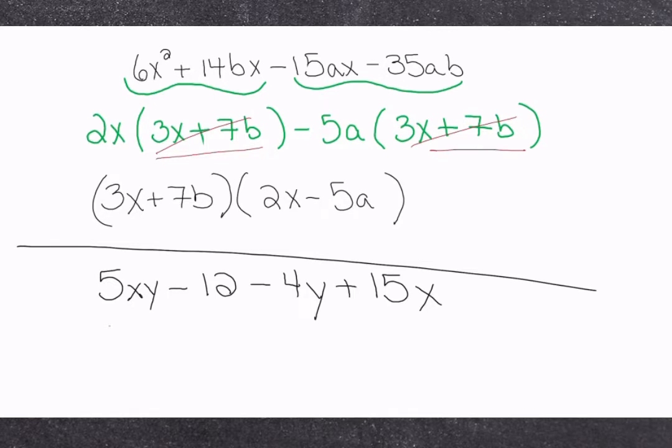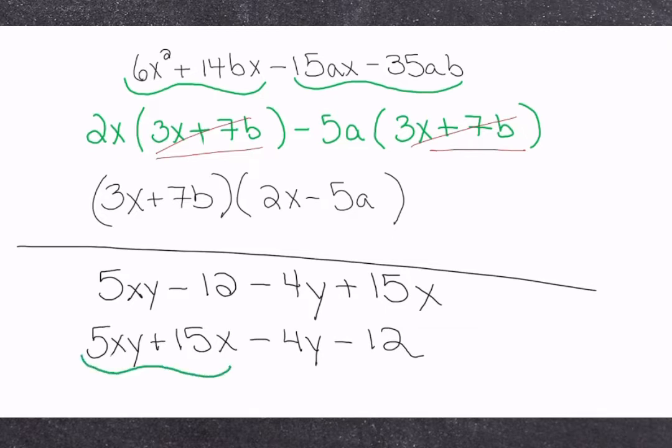So I have 5xy plus 15x, and then I'm going to put minus 4y minus 12. I'm just trying to put some of the common factors together to see if it can help me solve this problem. Now let's try to factor by grouping.